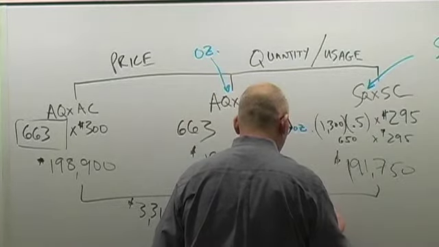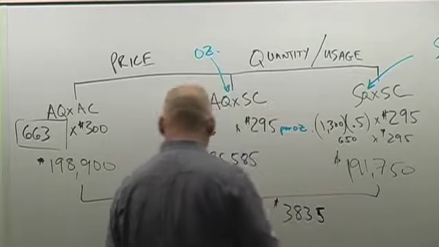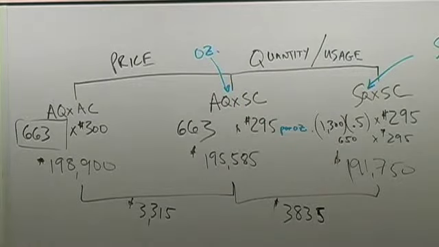Okay. Ashton, you ready? Is that 3,315? Is that a favorable variance or an unfavorable variance? Are we happy about it or unhappy about it?